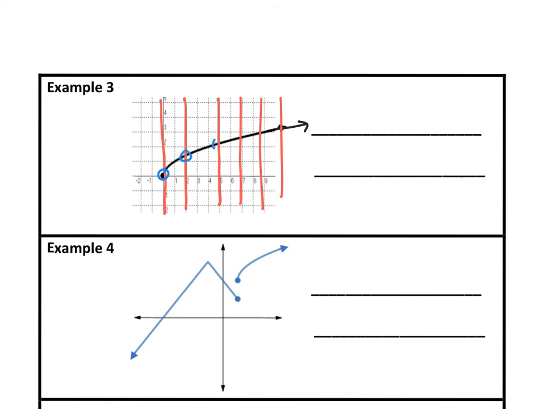And how many times do I hit the graph? Every time I draw a vertical line, it hits the graph once. Is there any place that it would hit the graph more than once, like 2 times? No, right? So then it's safe to say that this is a function.